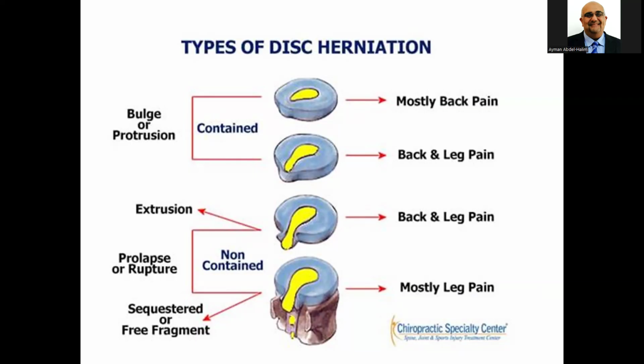Now, if it starts to get out a little bit, maybe you'll start to have some leg pain, or what we call radicular pain. Then, if it's extruded, you will have low back and leg pain. If it's sequestered, you will have a free fragment outside, and this can cause mostly radicular or leg pain.